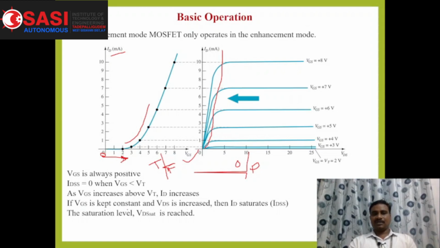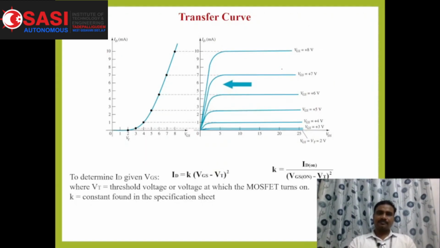If VGS is kept constant and VDS is increased, then ID saturates. By keeping VGS constant and changing VDS, the characteristics show the saturation region, cutoff region and ohmic region in the output characteristics. So this is about the transfer and output characteristics of the enhancement mode of operation of a MOSFET.